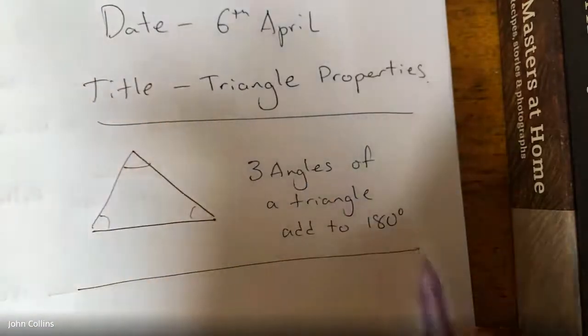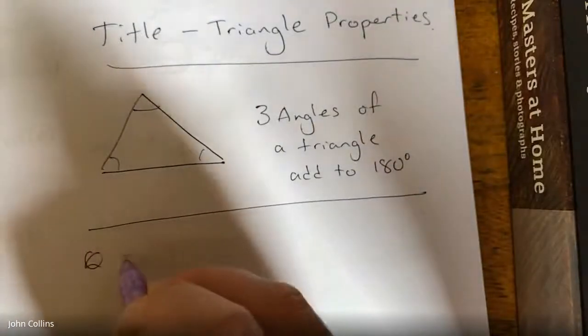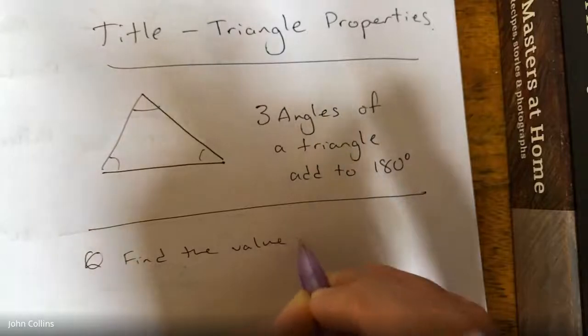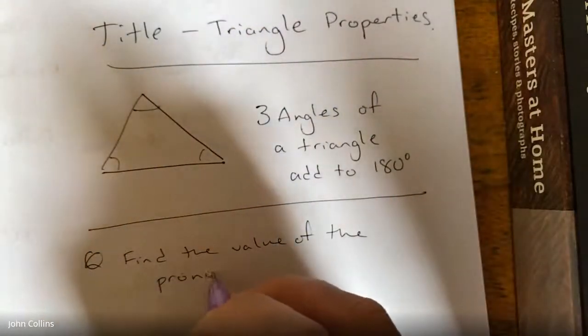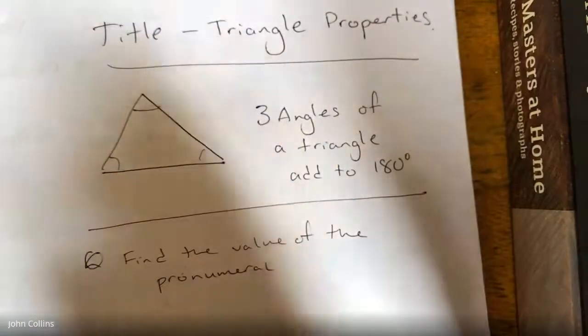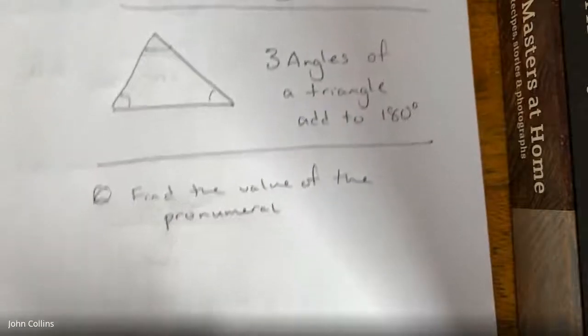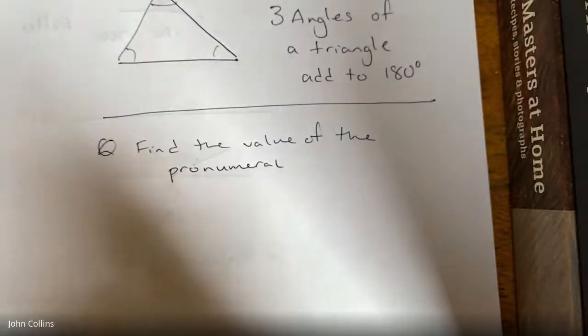So that means we can solve some problems already with triangles. If we are missing an angle, find the value of the pronumeral. So hopefully we know what a pronumeral is. If you're not too sure, does anyone know what a pronumeral is before I draw this diagram?